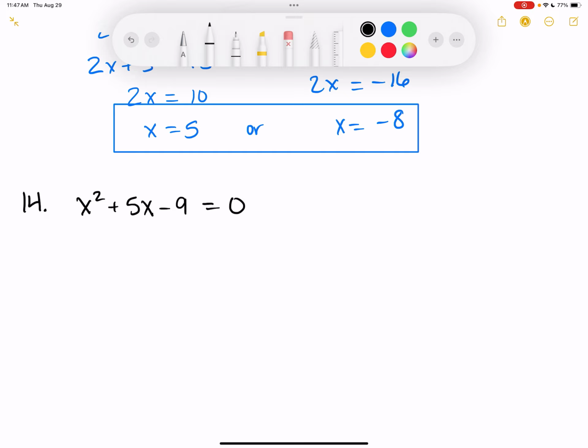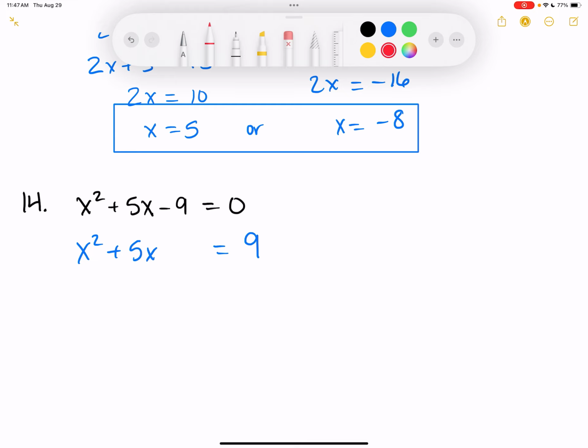Now remember, even if this was something I could factor, it said I have to complete the square, so I have to do it that way. So my first step for completing the square is I need to move the constant term over to the other side. So I'll have x squared plus 5x equals 9.